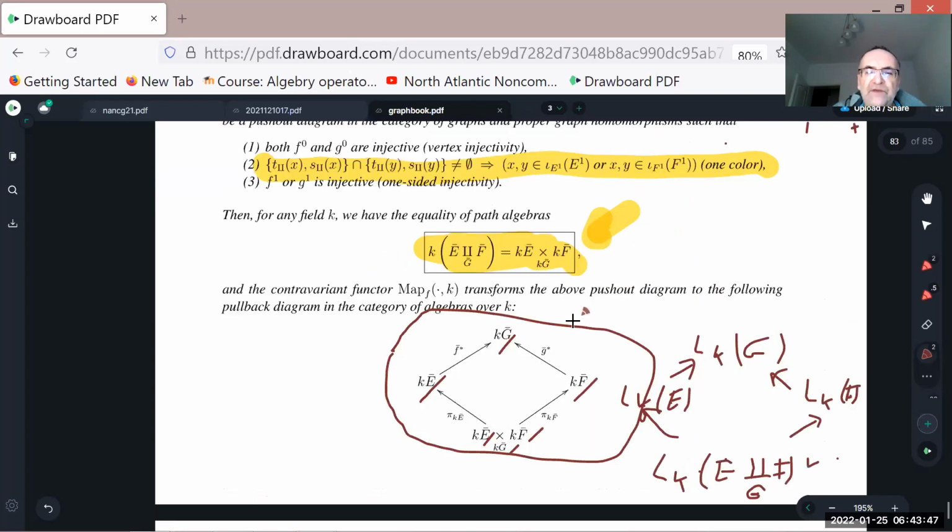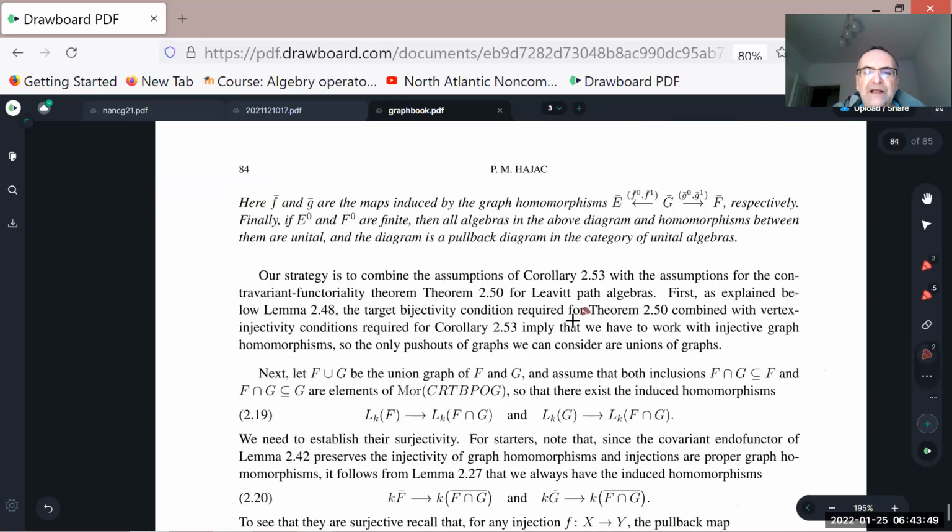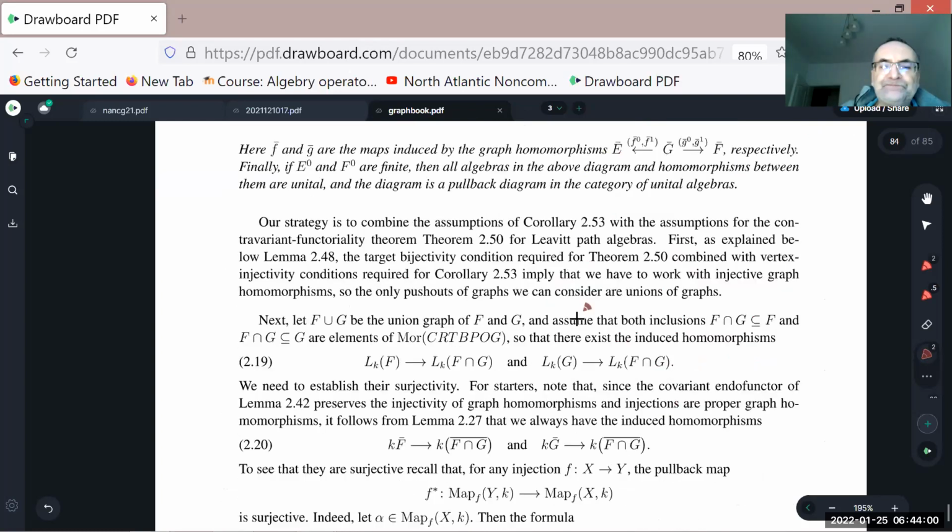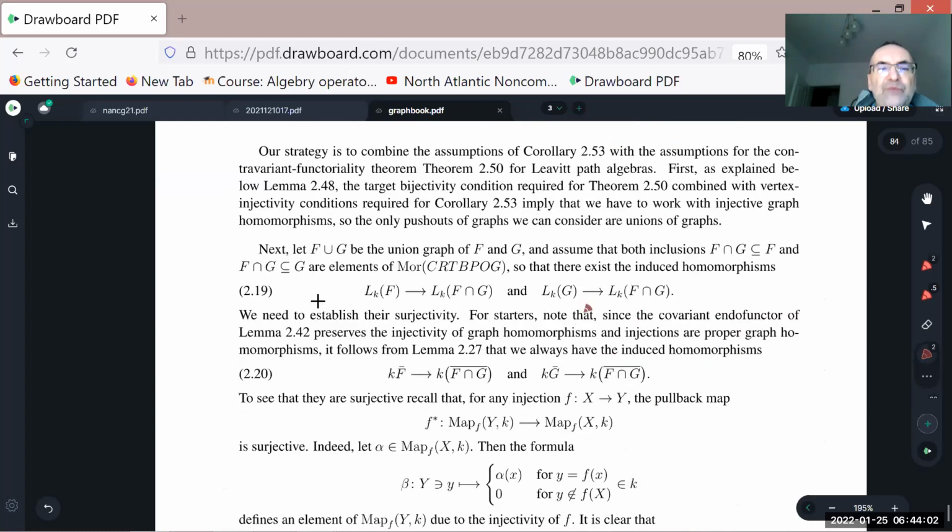This makes your life simpler, but now I want to argue what kind of unions of graphs you have to think about. So now assume that F and G is the union of graphs F and G.